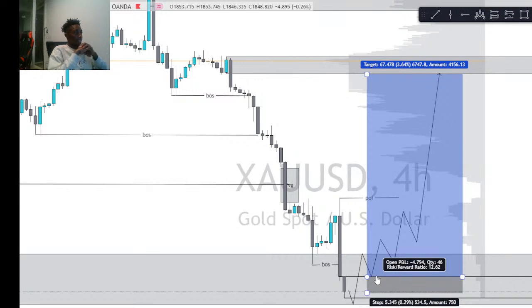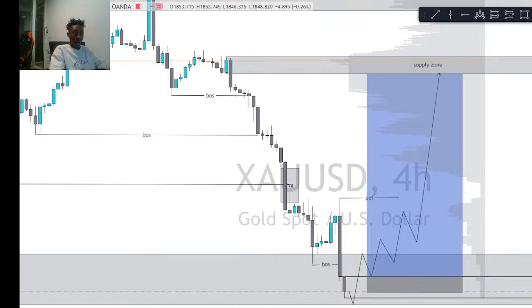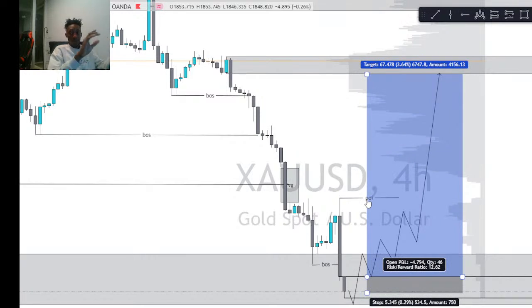Our first target is going to be 1875, where we have marked our point of interest, POI. That's our first target. Once we break 1875, we know very well that gold is going to push until 1921.